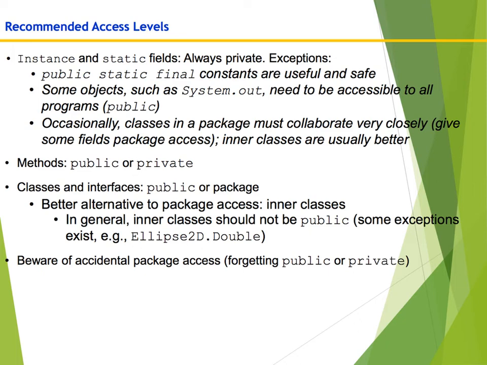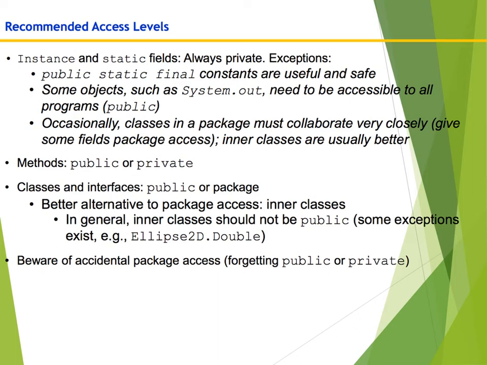Also, some objects such as System.out that we use for printing something on the screen need to be accessible to all programs, so it is public. And occasionally some classes can be accessed as public. We'll talk about them later when we talk about inner classes.